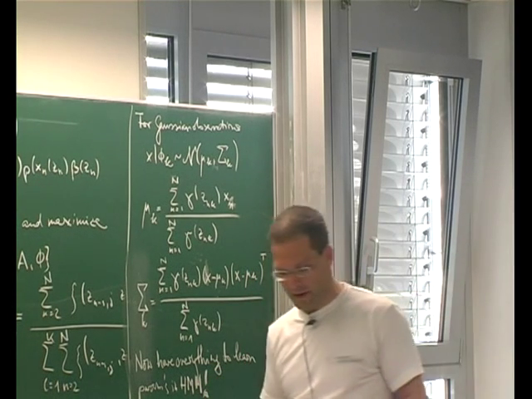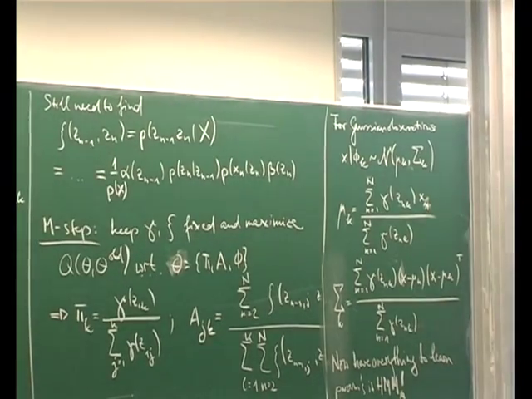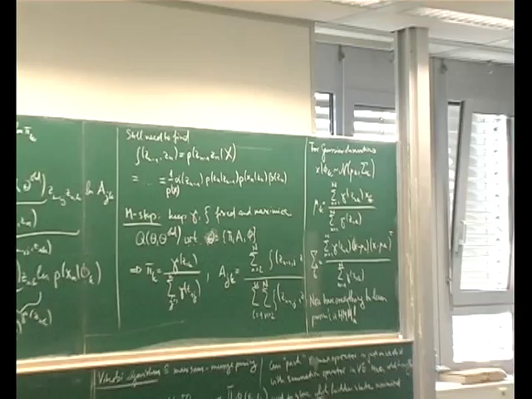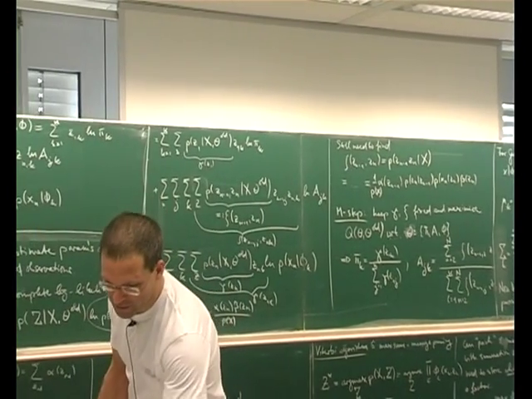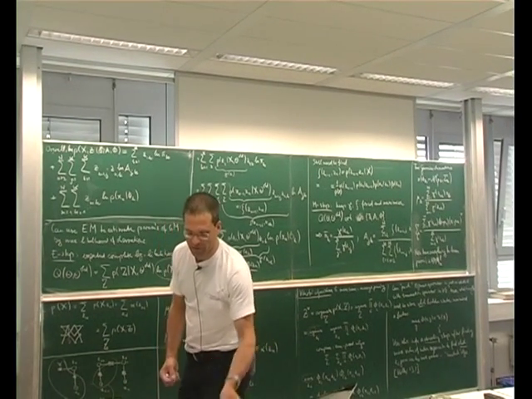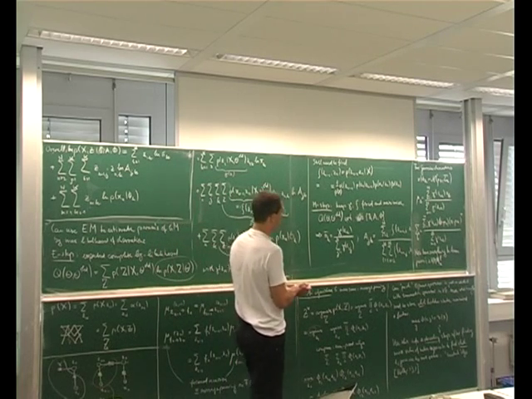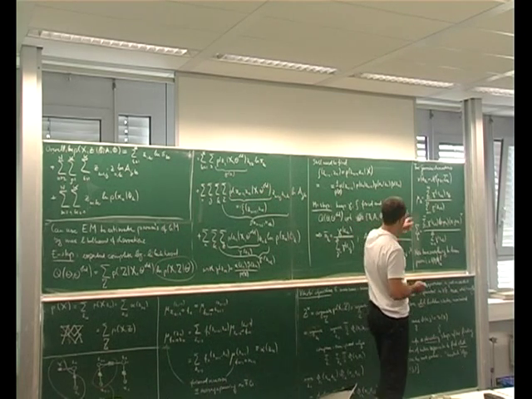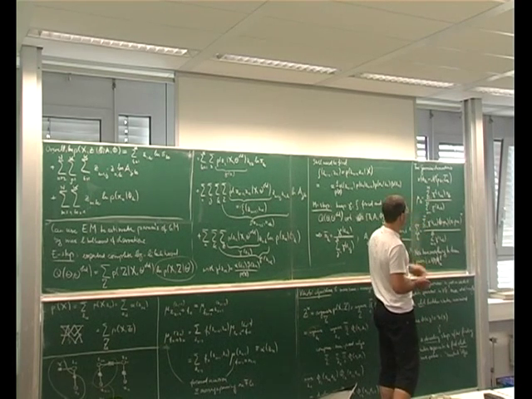You still need some kind of initialization, which we did not discuss. So if you have some prior knowledge on which hidden state might be responsible for a given observation, then you could use that knowledge to initialize, let's call them, the clustering parameters here.